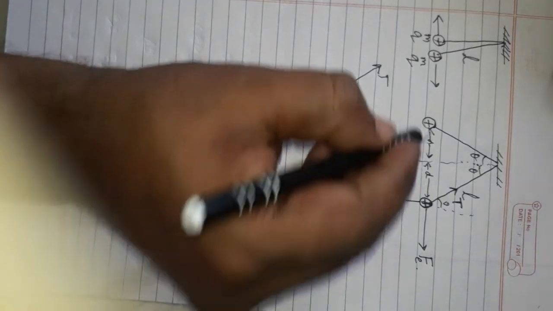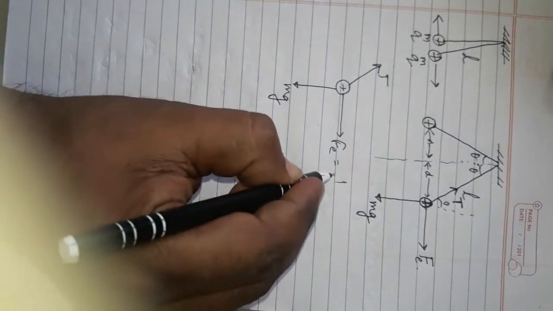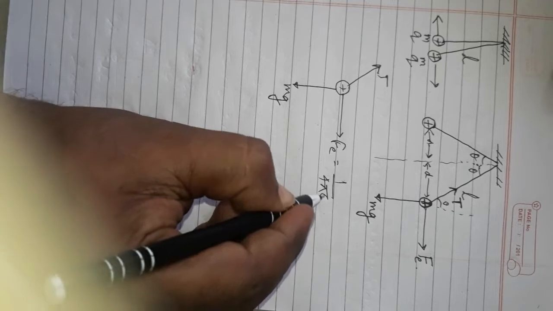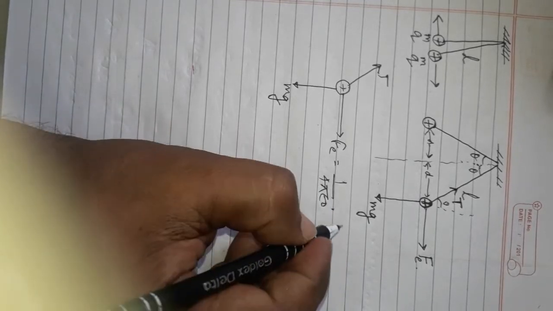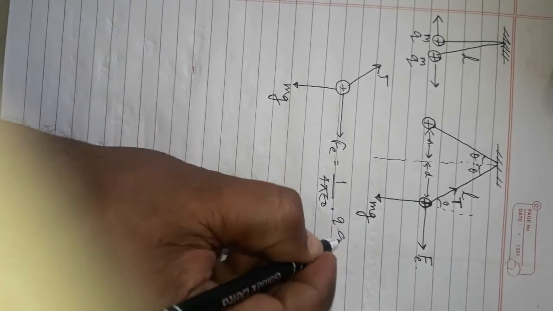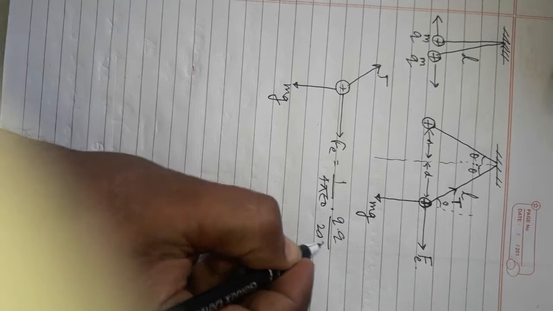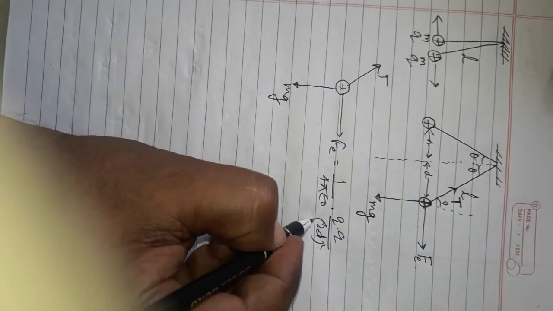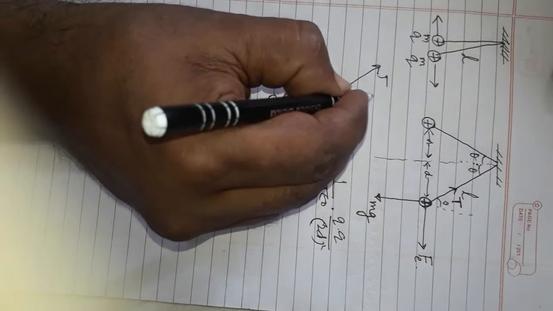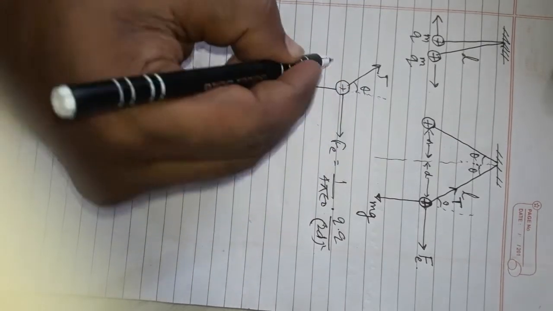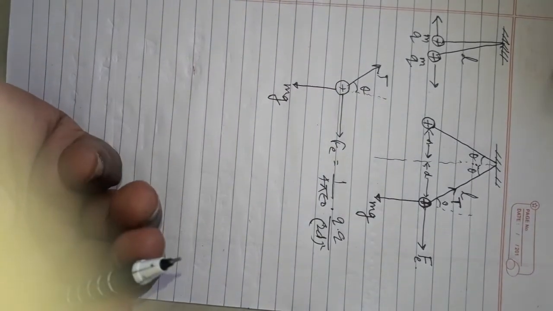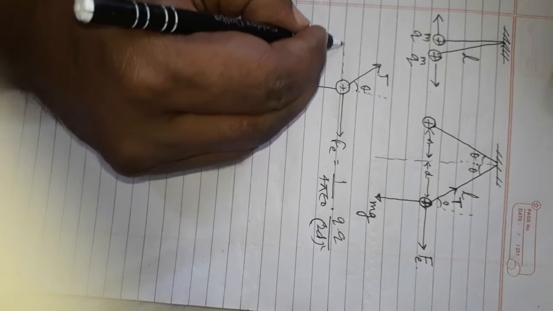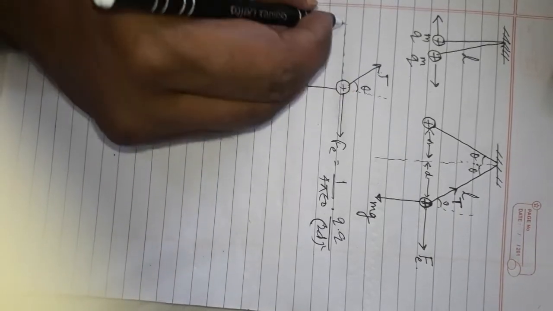If we apply Coulomb's law, the force between these two charged particles will be 1 upon 4 pi epsilon naught q into q upon (2d) square. This is T, this is T. Okay. Since these three forces are in equilibrium, it means that they will balance each other. Tension has two components.